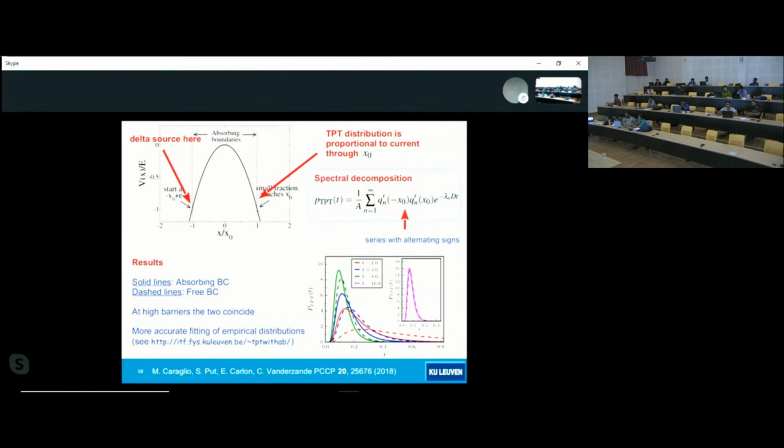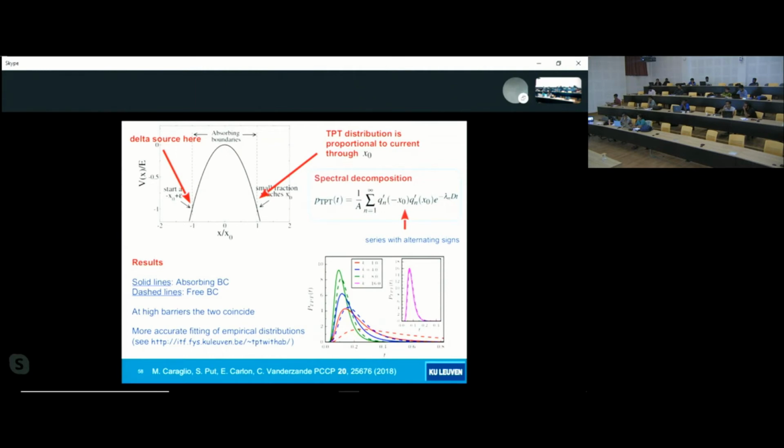But this last web address gives you a server where you put experimental data and you get out the fit with absorbing boundary conditions. But I have to check, and perhaps this is something we did 2 years ago, and it needs to be updated. But okay, so we are imposing absorbing boundary conditions.